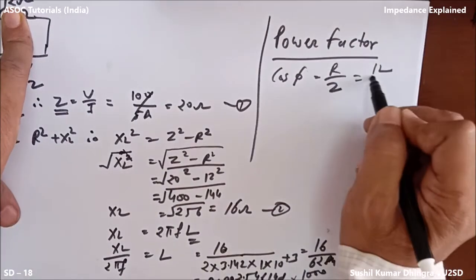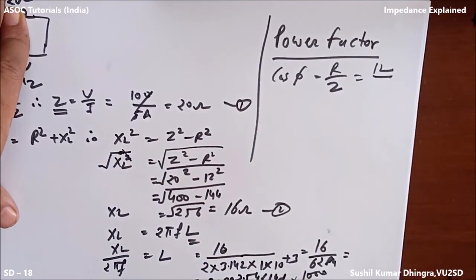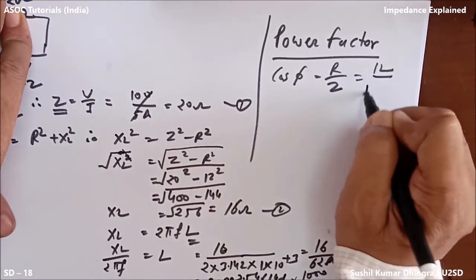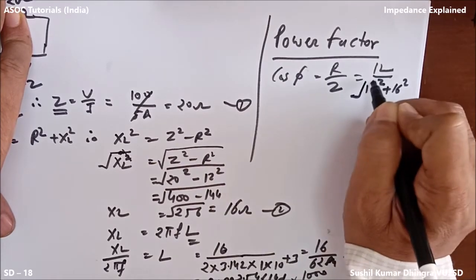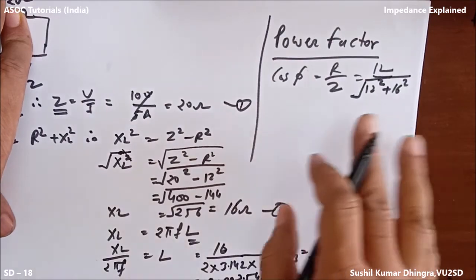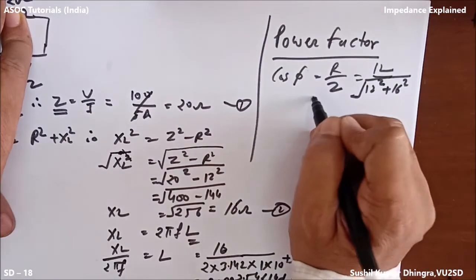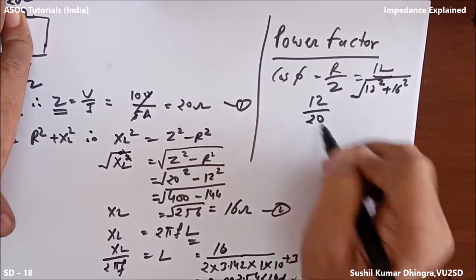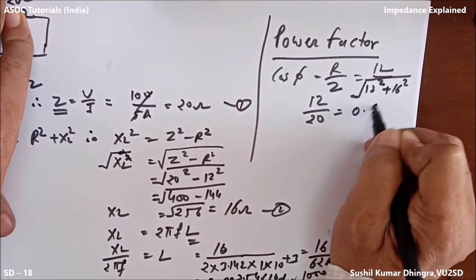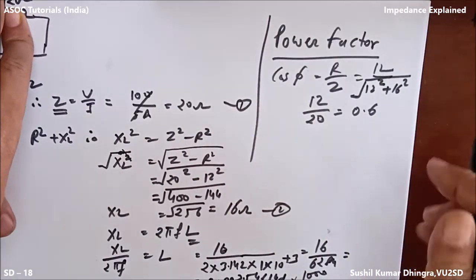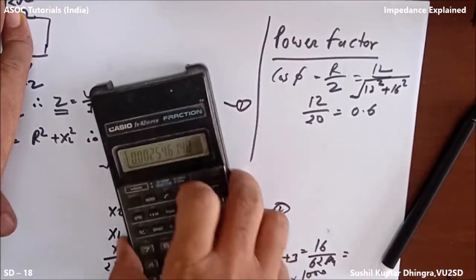And Z you have also calculated, 12 square plus 16 square whole root. This will come as 12 by 20, and 12 by 20 will come as 0.6.